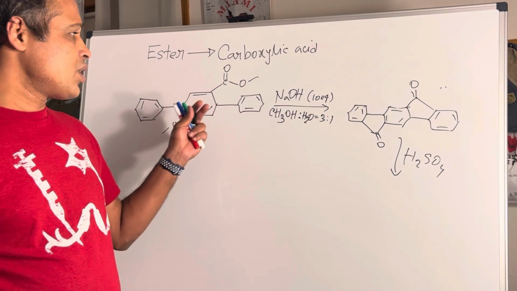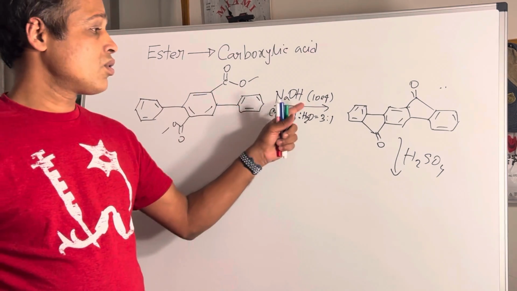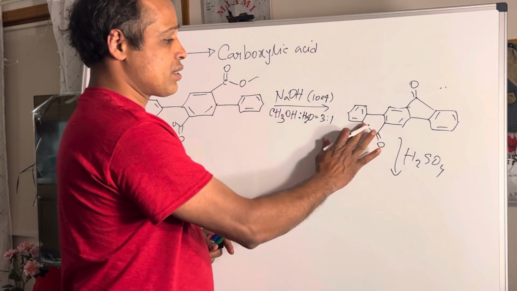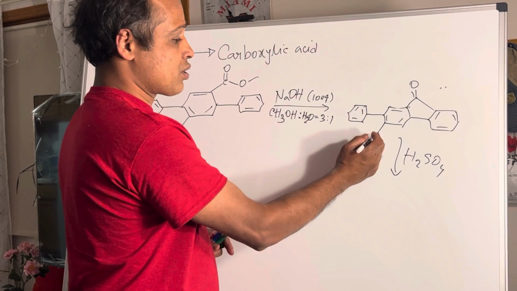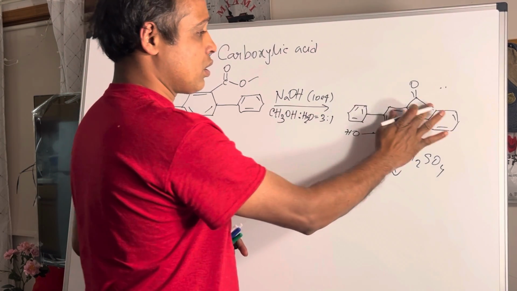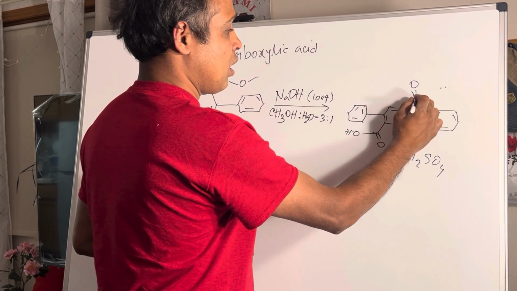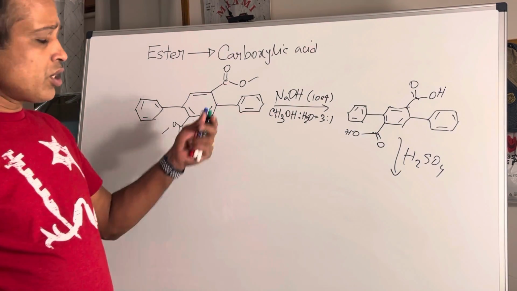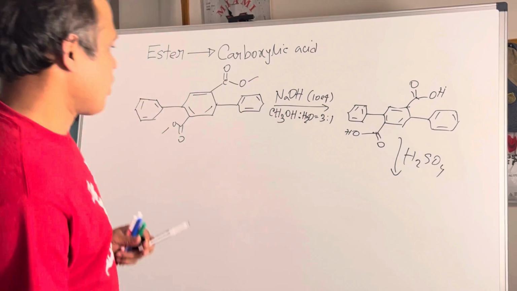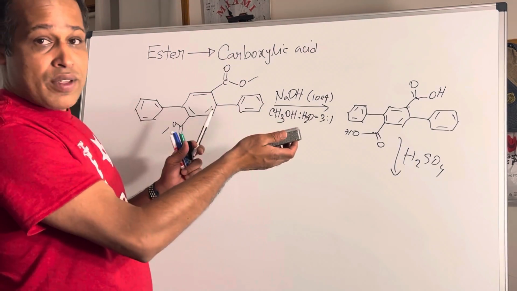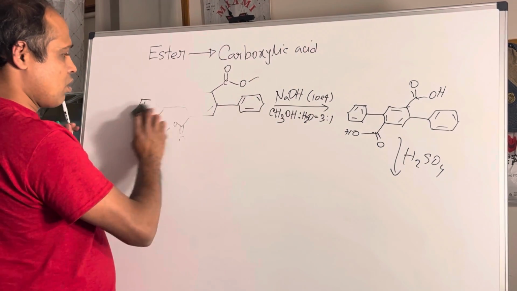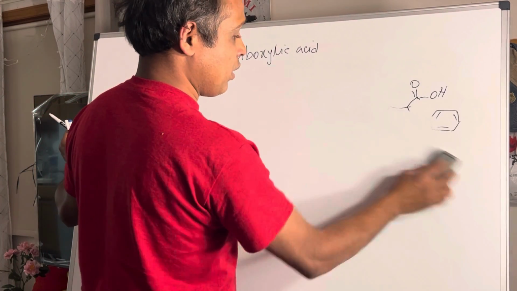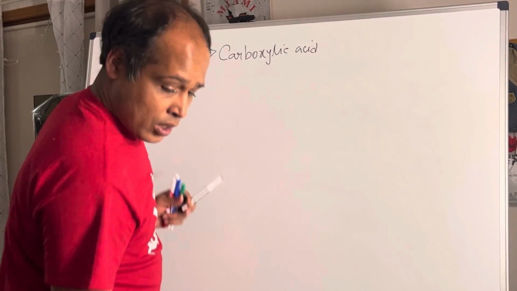So that's why you make the ester, and at the end, whatever your desired product is, you make the carboxylic acid with the saponification reaction, and after that move on with what you want to do with the carboxylic acid. This is one example of this kind of carboxylic acid. I have done this reaction, it is very clean. You can try this reaction if you have anything similar.